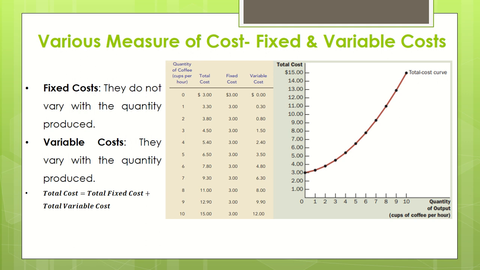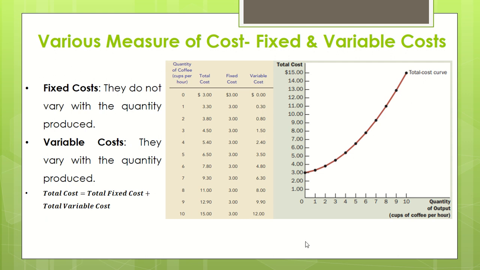Like for instance, cost of land, cost of building, the cost of equipments and machinery that are installed in the firm, and all these costs are considered as fixed costs, that they do not vary with the quantity produced.